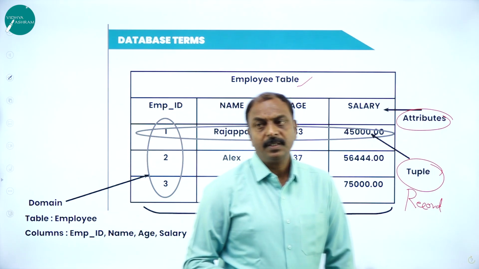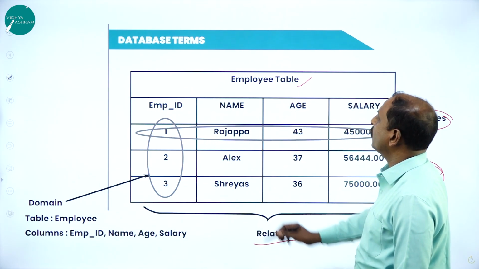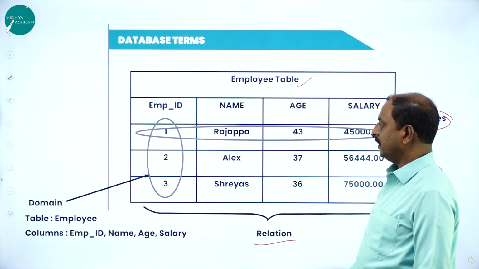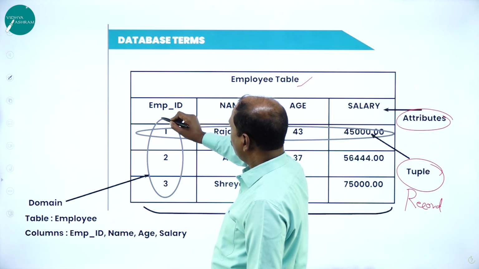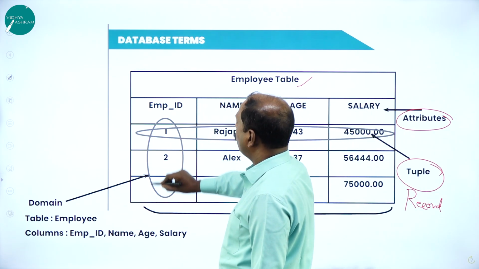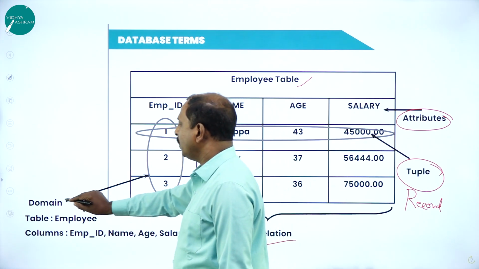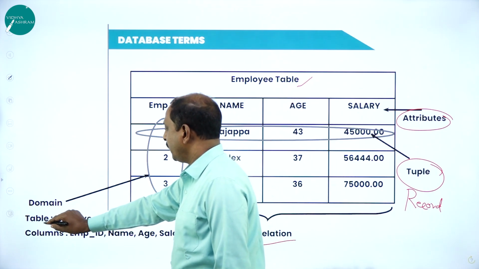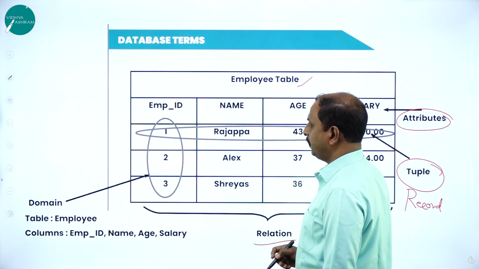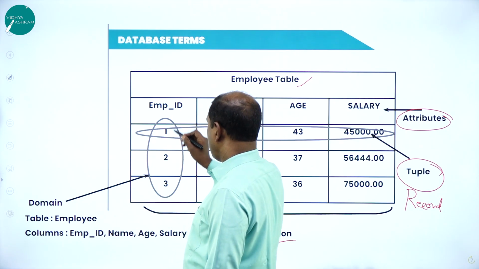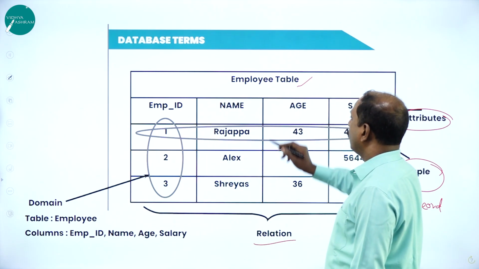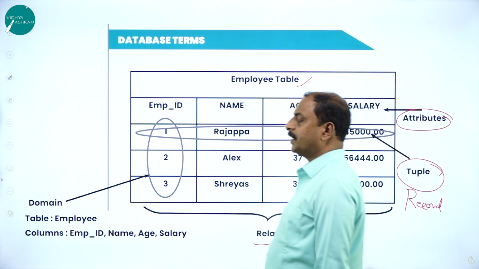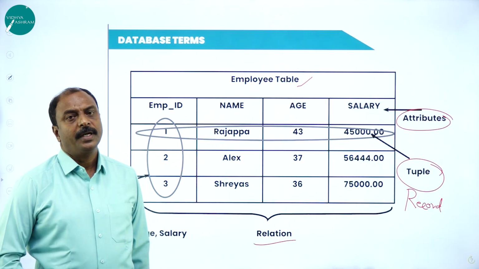The entire table where we are storing the data in the form of rows and columns is referred to as a relation, another name for a table. And again, the value of one particular column is called a domain. In this example, the table is the employee table, and the columns employee ID, name, age, and salary are referred to as attributes. So these are all different terms we use with respect to database.